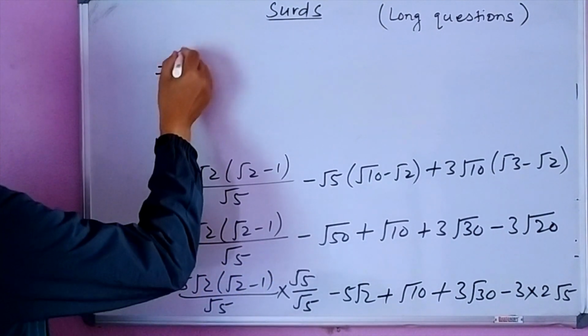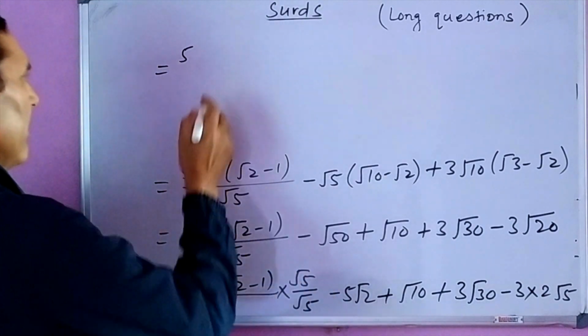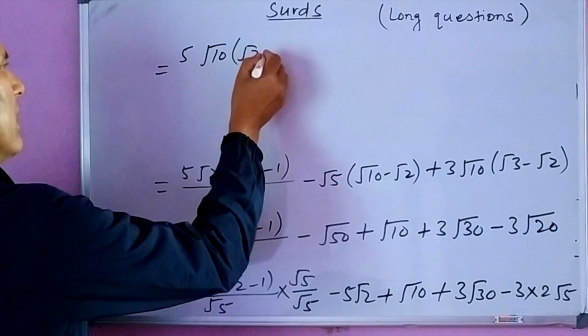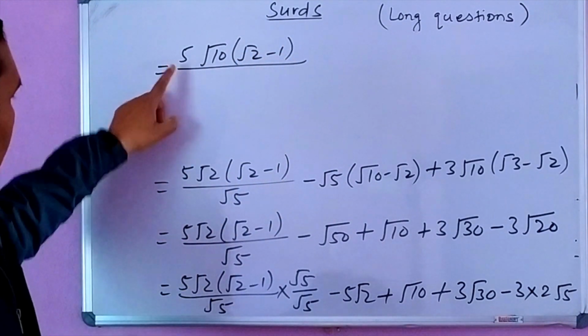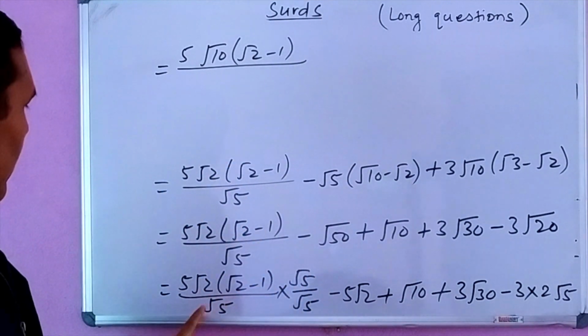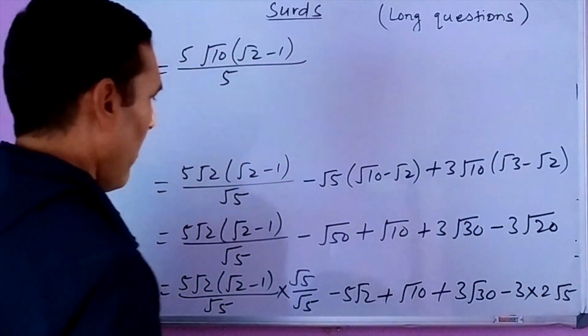Now this 5 and √2 into √5, it is √10, bracket (√2 − 1) as it is, upon, look at now, 5 as it is, √2 into √5 is √10, and √2 − 1 as it is, upon √5 into √5, it gives 5.